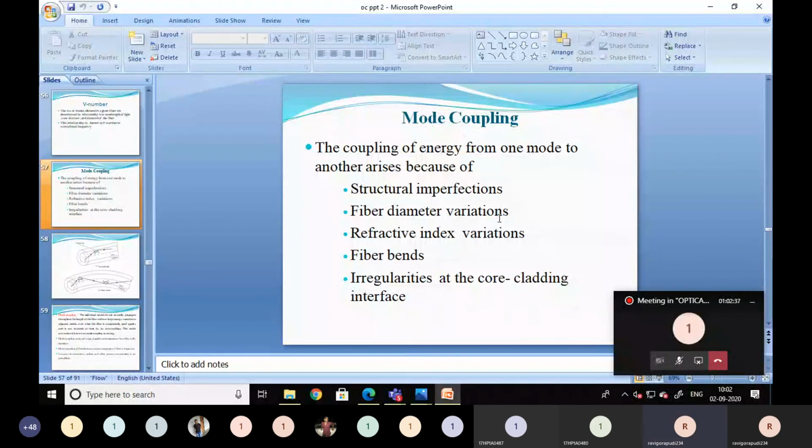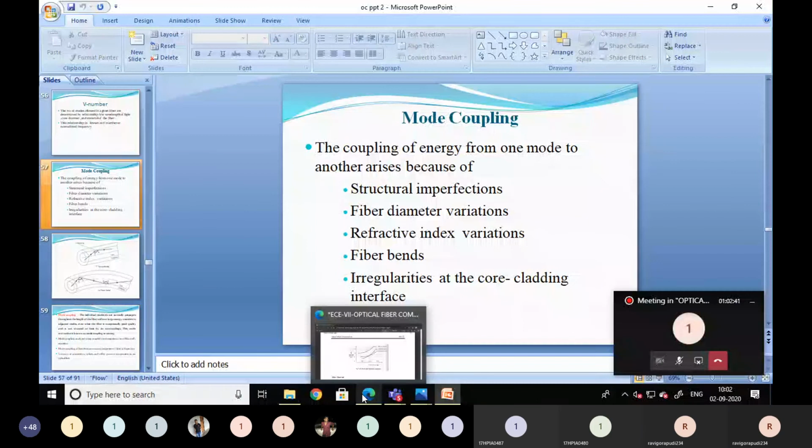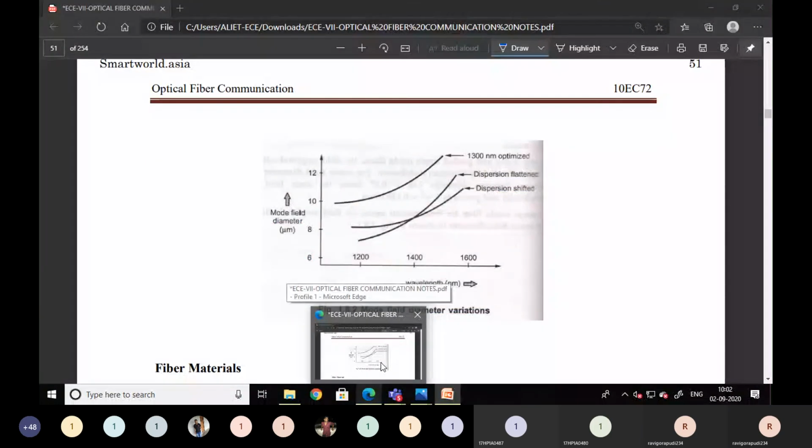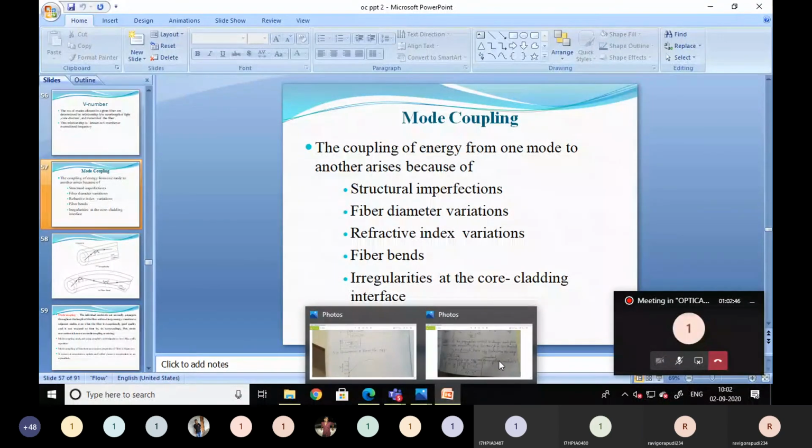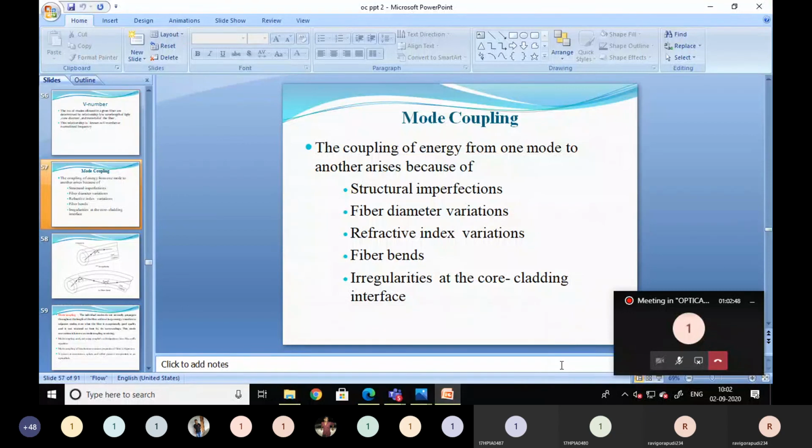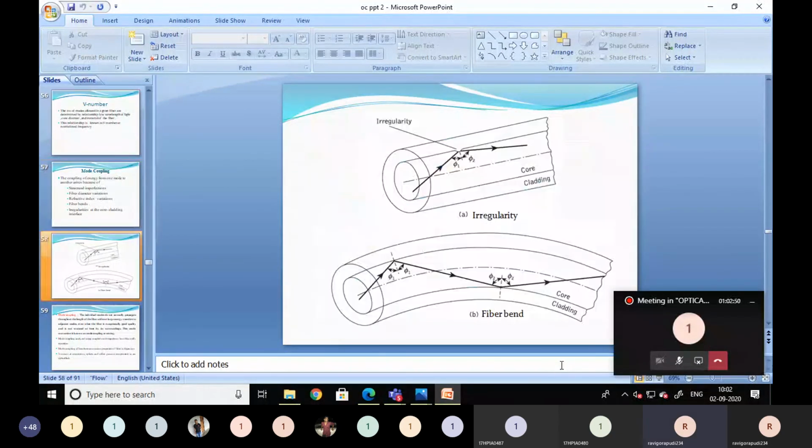Mode coupling. Then these are some images regarding irregularities. If you observe here, the core cladding interface is this one. Here we don't have a perfect matching.